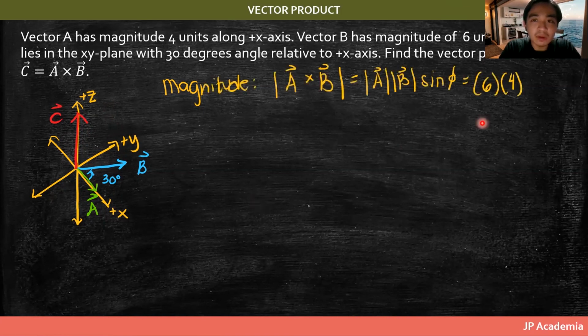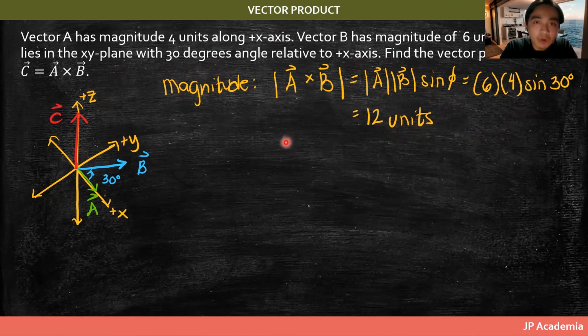Then you will get your vector C na papunta rito sa positive z direction. Ngayon, paano to? So pwede natin gamitin yung definition muna ng magnitude ng cross product na to for two vectors. So given yung magnitude ni A, magnitude ni B, multiply mo lang. So 6 times 4 lang yan. Then you have sine phi. So we have here 30 degrees. And you will get 12 units as your answer.